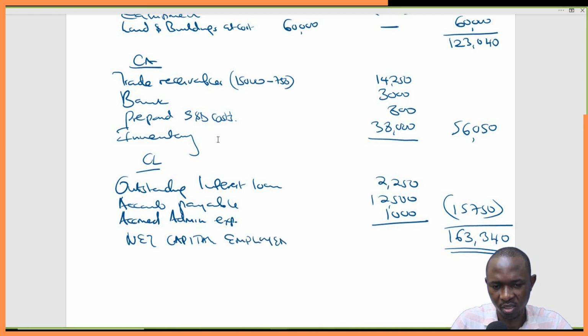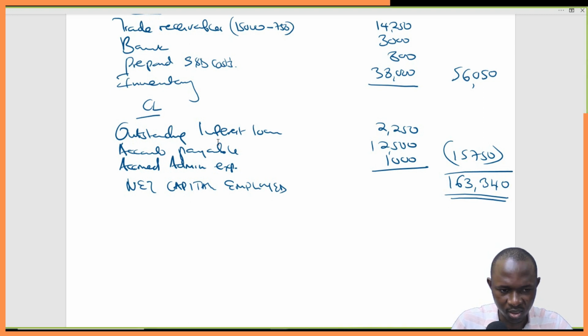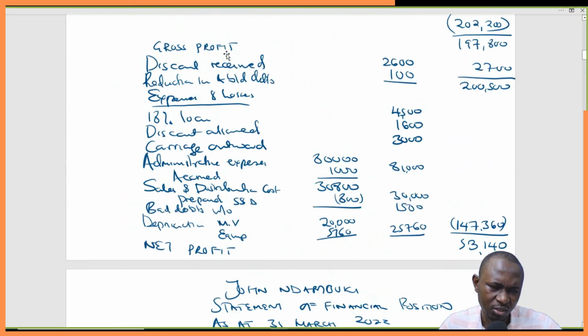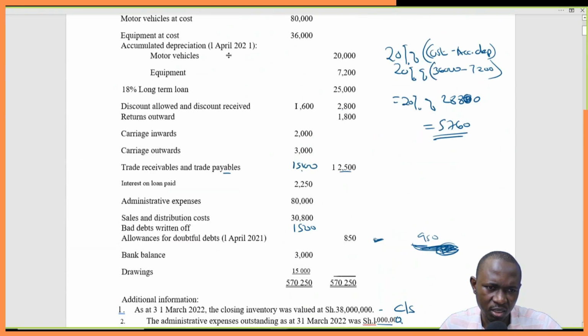So my prayer is that this thing balances without drama. So finance by section. We start with capital. Since this is a sole proprietorship, normally it's capital.